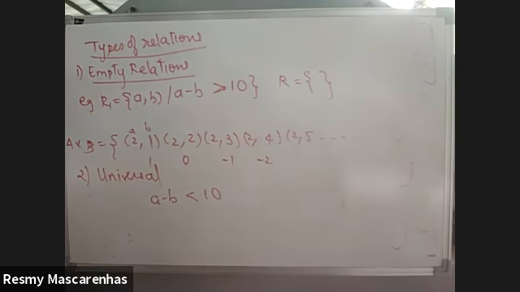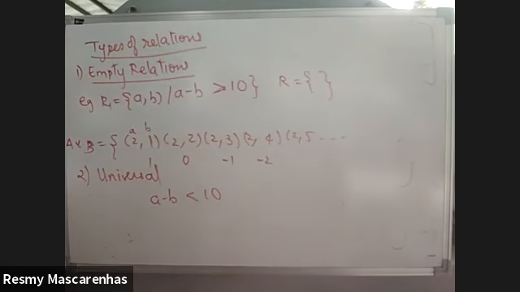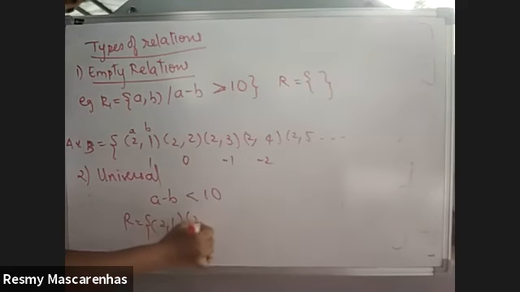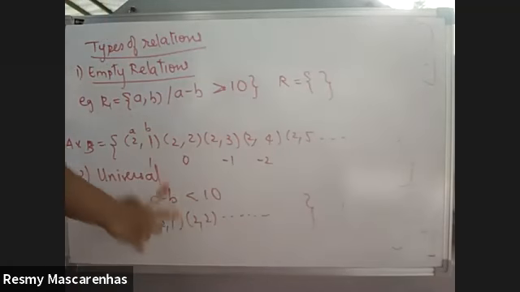Now if you notice, obviously 1 is less than 10, 0 is also less than 10, then minus 1 is also less than 10. So if you do it for all the pairs, all 20 pairs, all the answers will be less than 10. So the relation will be what? All the pairs you will write. All these pairs will satisfy this condition. 2, 2, that way. So all 20 will come up, and that's why the full set has repeated. That's why it is called universal relation.